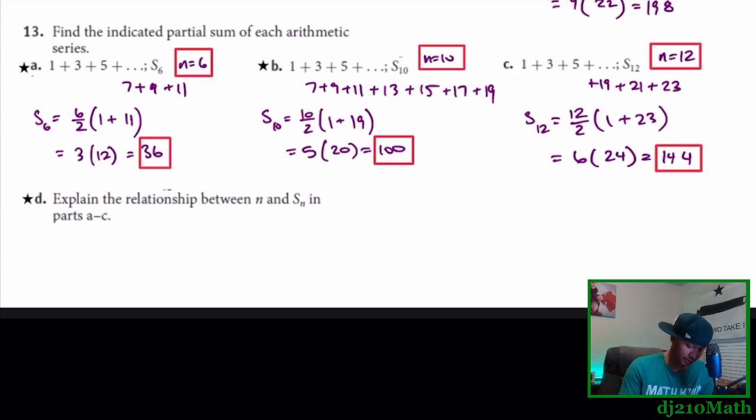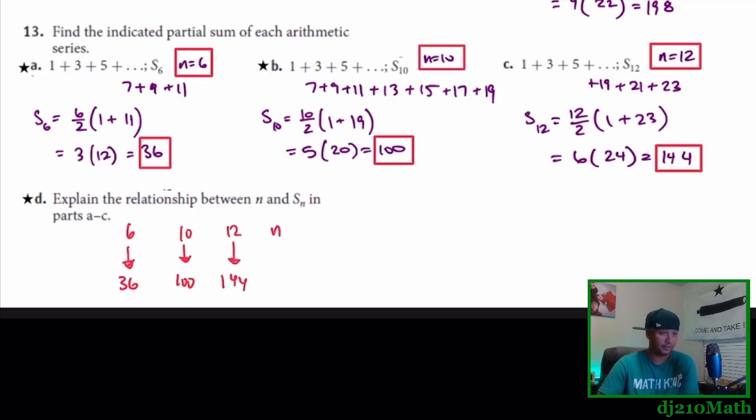Like we have to connect 6 to 36, 10 to 100, and 12 to 144. So n, whatever it is, will be n squared. That's the pattern.